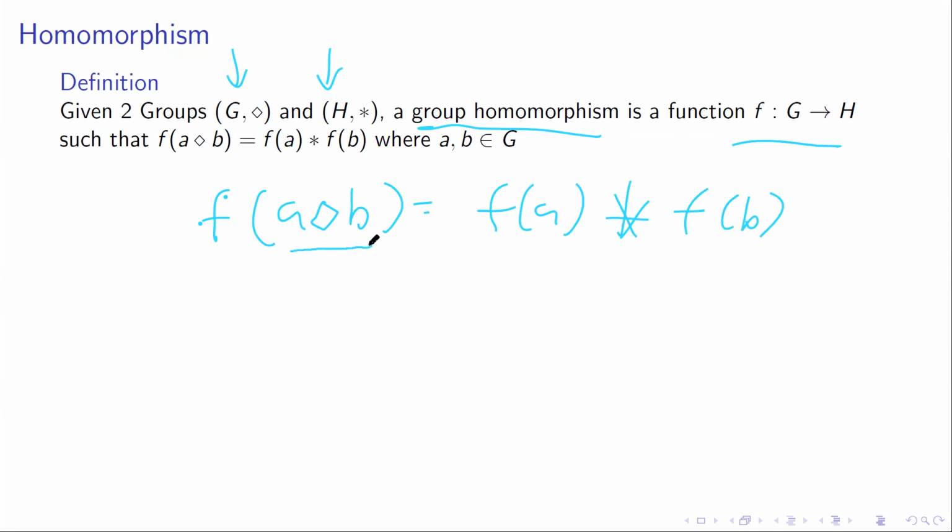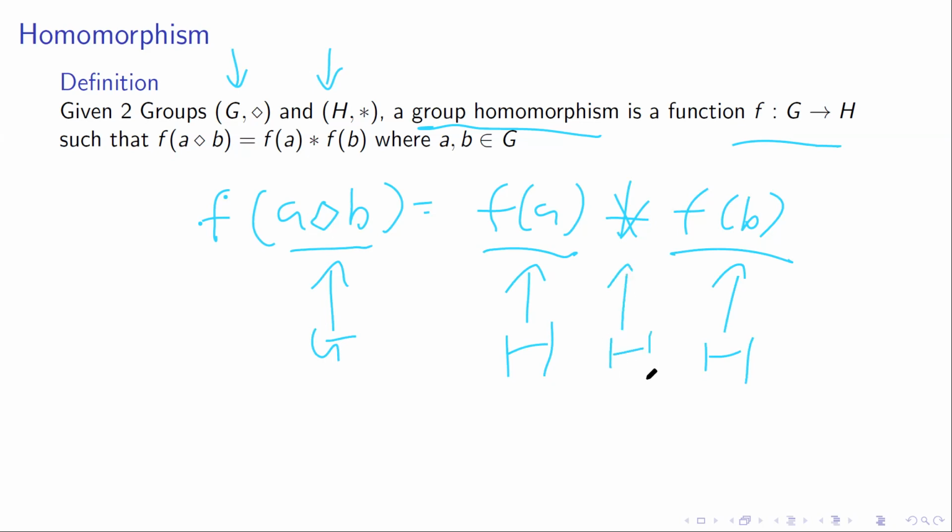Note that a ◇ b is an element from G, f(a) and f(b) are elements from H, and this is the H operation, and the whole thing becomes an element of H. So basically, you want a function where it doesn't matter whether you do the operation first: you can do it separately under the group H, or you can do it in group G first and then convert into an element in group H. This is a group homomorphism.